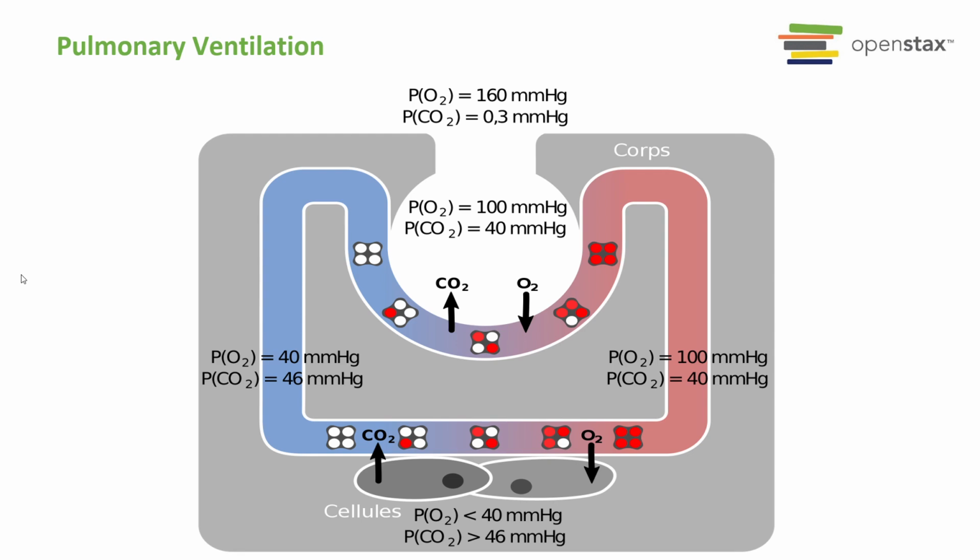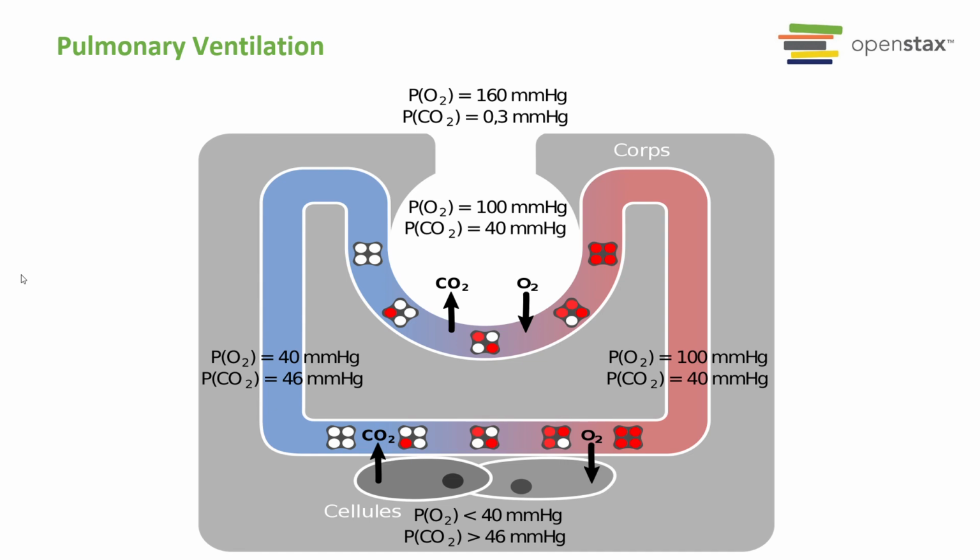So here what you can see is just an overview of pulmonary ventilation with the alveoli at the top and the venous and the arterial system highlighted in blue and red respectively, as we bring oxygen in through the alveoli into the circulatory system. It travels through the circulatory system and we can see the partial pressures of oxygen and CO2 respectively at these different areas.